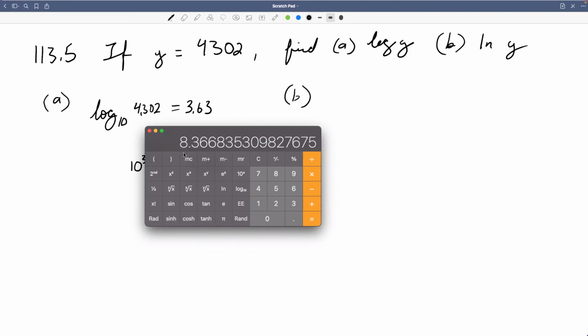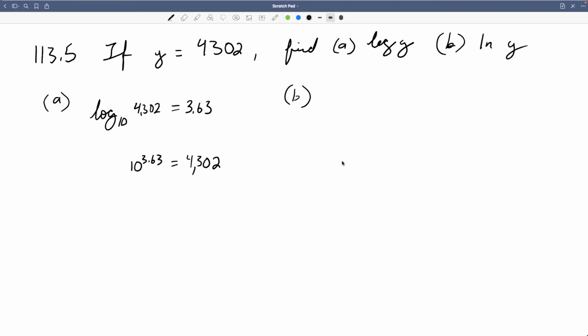And we get 8.3, we'll round that up to 8.37. So 8.37, I don't want to forget that. The log e of 4302 is 8.37. You could also say e to the 8.37 is equal to 4302.